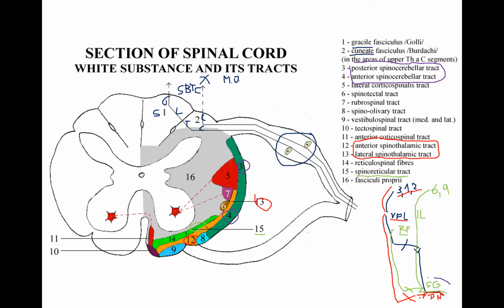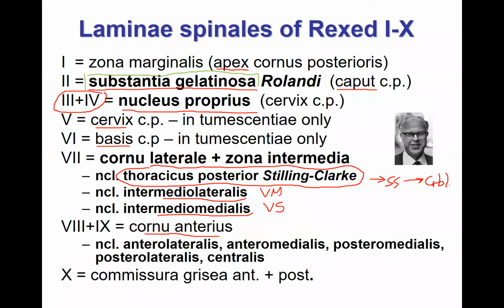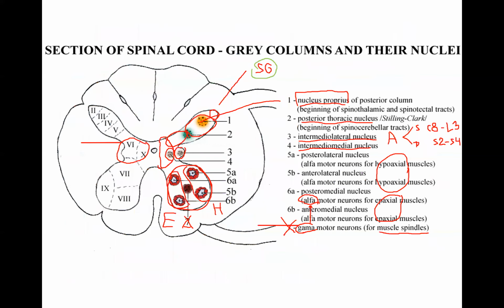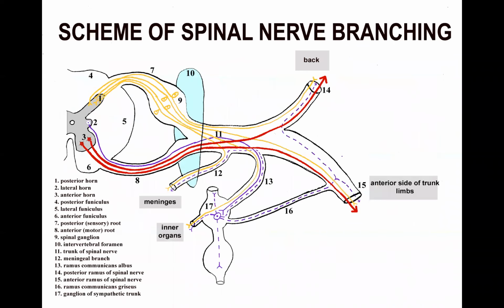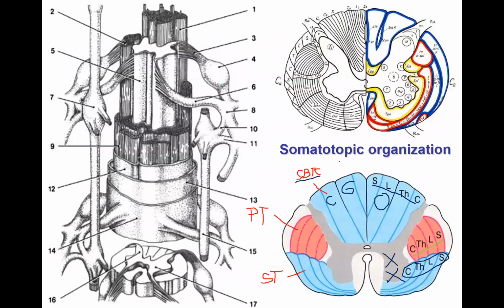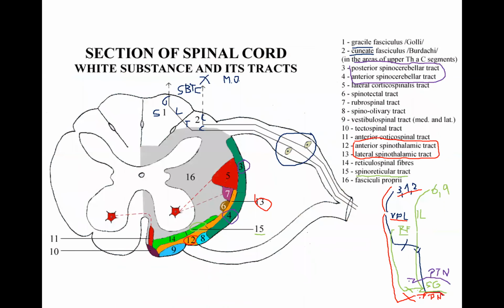They are synapsed in the posterior thoracic nucleus of Stilling-Clarke. When I come back here, you can see the posterior thoracic nucleus of Stilling-Clarke. On a figure it was here. So it's synapsed, and it goes up to the cerebellum.